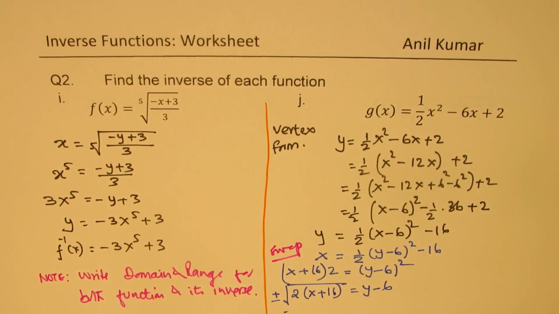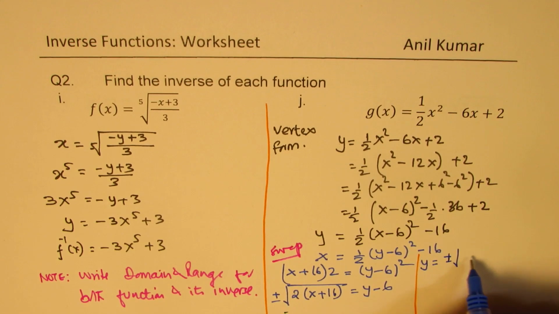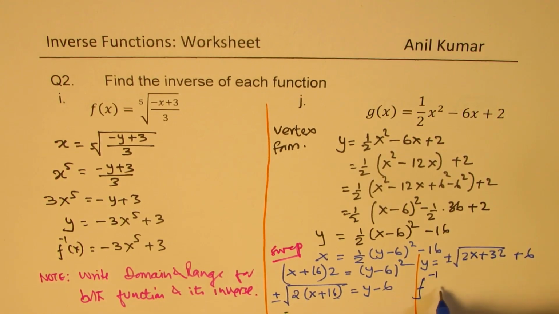And clearly, we can now write what y is. Taking 6 here, we get y equals plus minus square root of 2x plus 32, plus 6. Now that is not a function, but it's an inverse, right? So the inverse will be plus minus square root of 2x plus 32 plus 6.